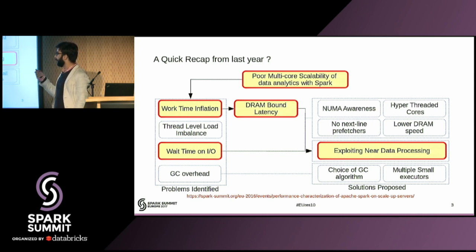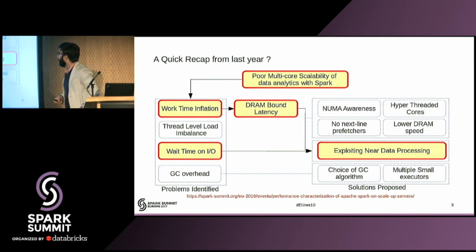The first one is work time inflation. Then you also find thread level load imbalance. Then you have wait time on I/O and GC overhead. And if you dig deep, what is the cause of the work time inflation? It's in fact the DRAM bound latency.